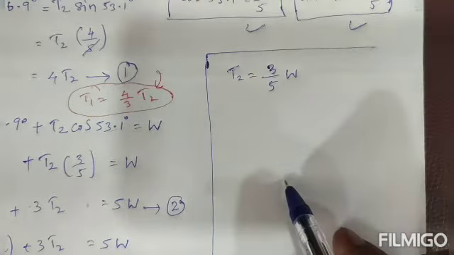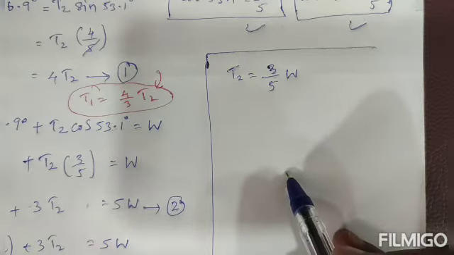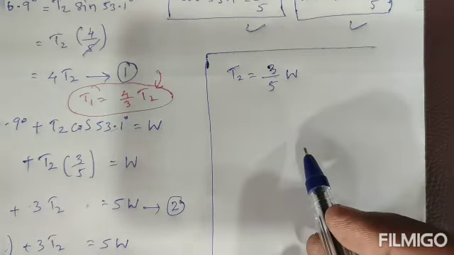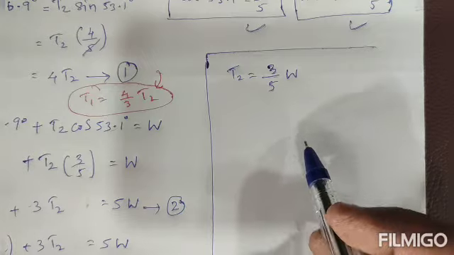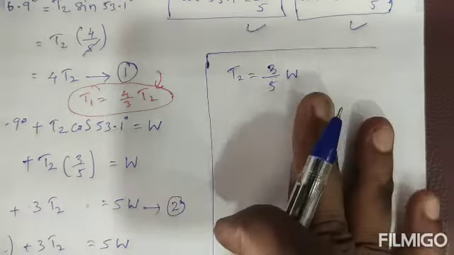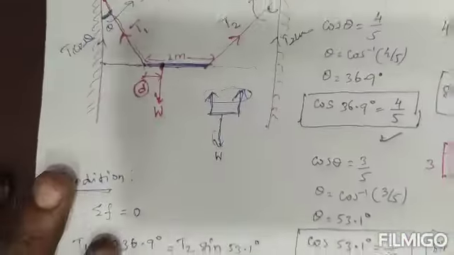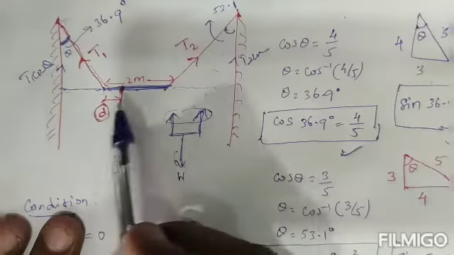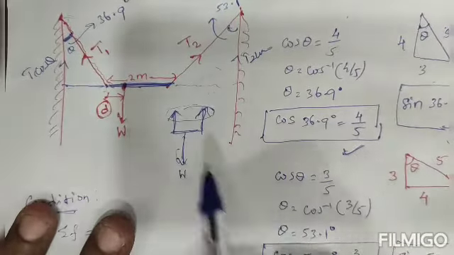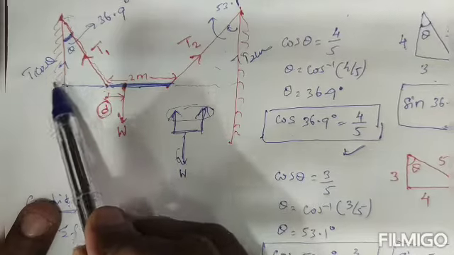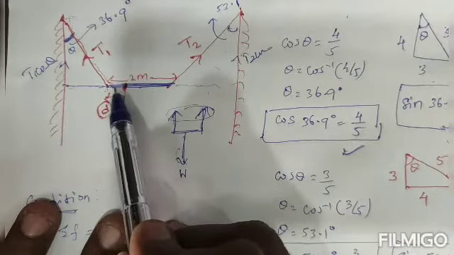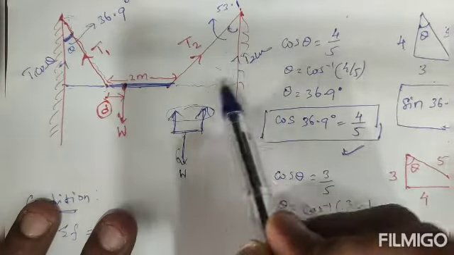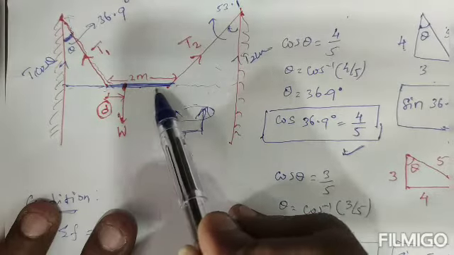Then next, we can use the principle of moment, force into distance. We already discussed some questions on the principle of moment. The force value into its distance is equal to the other force value into the remaining distance.